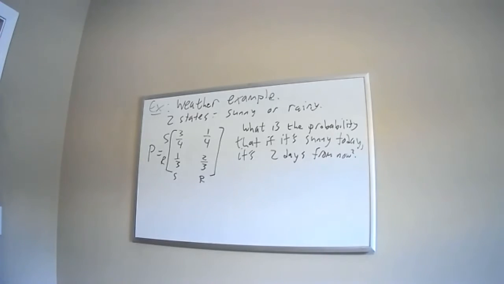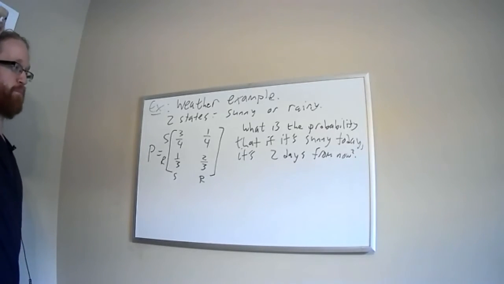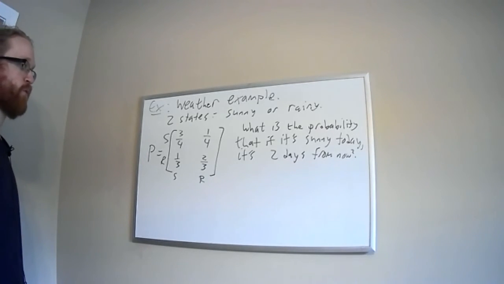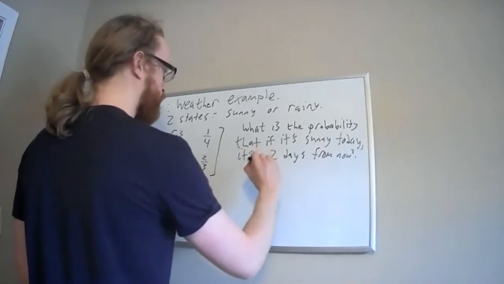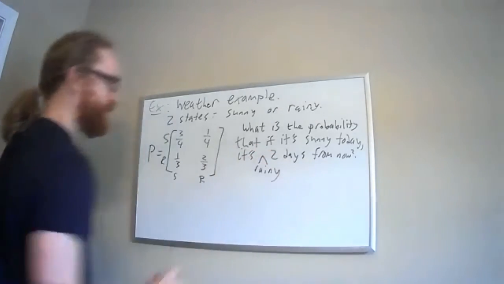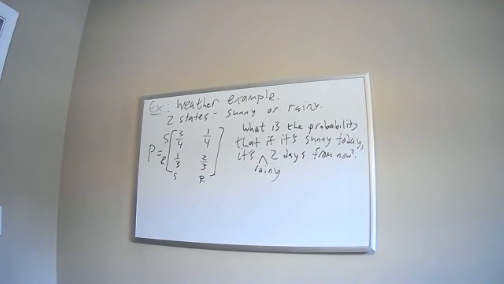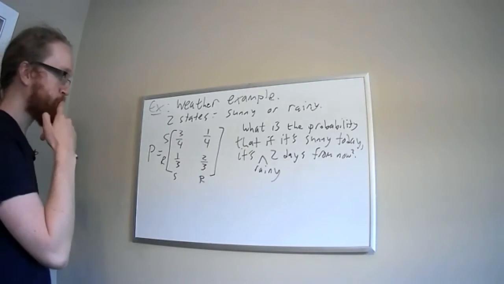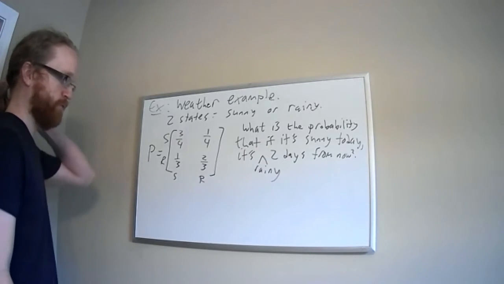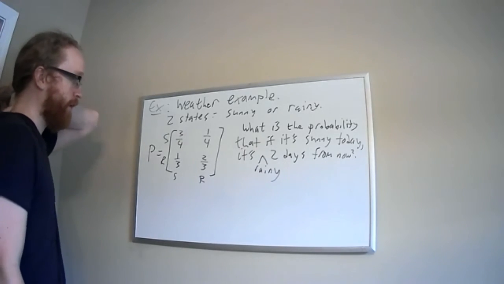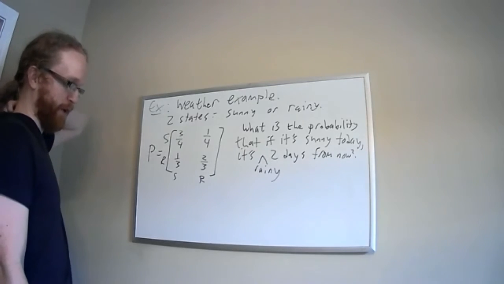Oh, I suppose I forgot to write the word rainy. Rainy 2 days from now. So we've answered this question before. And I'm basically going to answer it again, but now we're going to use it in this new language with a state vector and all that. So we're going to see how that'll work.